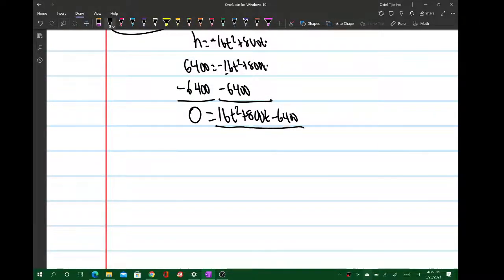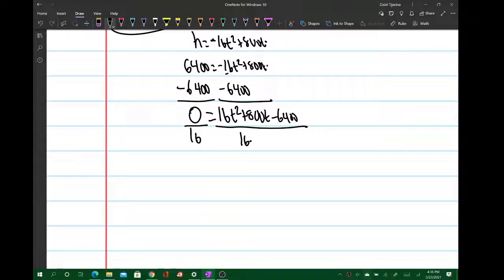And you can divide all of this by 16. It's okay to do that, because that makes your equation a lot easier to solve when you're dealing with big numbers.